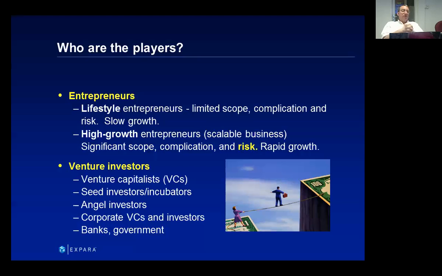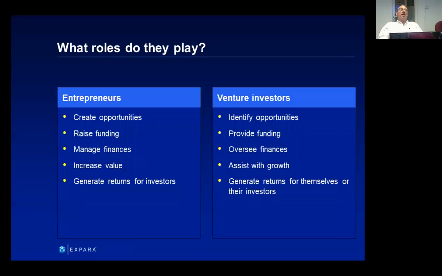So that's how that works. This is just looking at what I would call the interest alignment between entrepreneurs and investors, and you can see here it's pretty good. Entrepreneurs create opportunities; investors are looking to identify opportunities.